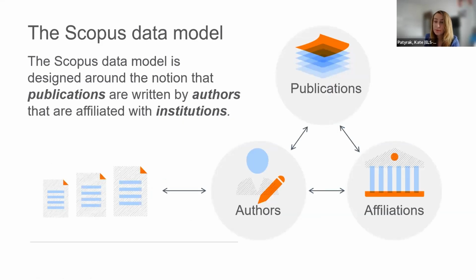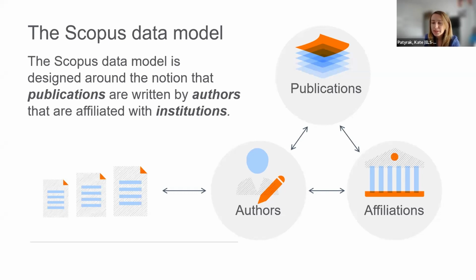If we look at a simplified version of the Scopus data model, we can see that all these entities are connected to each other: the affiliations, institutions, and publications. This allows us to do complex analysis of the data. We can tell you who is doing what in global literature and where they are doing it, with higher accuracy than anyone else.